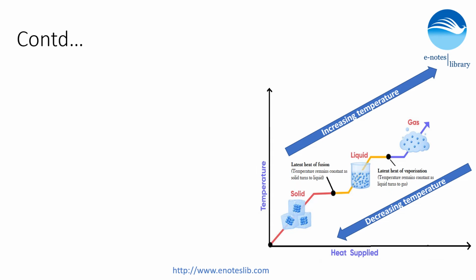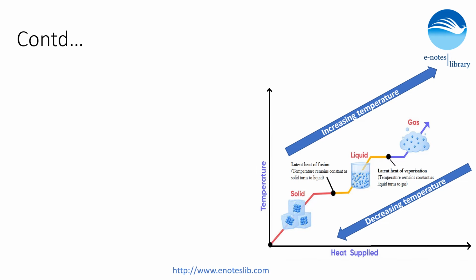One important point here is to note that latent heat is particular to state changes. For example, latent heat from ice to water will be different from when water converts into water vapors. We can also say that the given system may take a different amount of heat energy to change from solid to liquid than to change from liquid to gas.